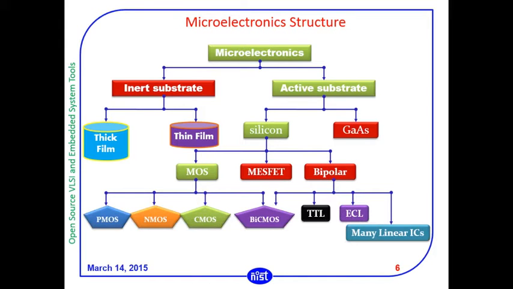I want to show you that in this course we have developed the materials for the yellow shaded regions. In microelectronics, we will take an active substrate made of silicon, in MOS, and we will be using CMOS technology. We have developed the course materials for CMOS technology and how to design it using free EDA tools.